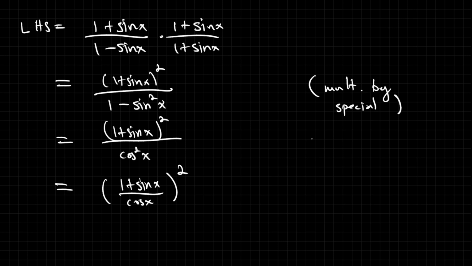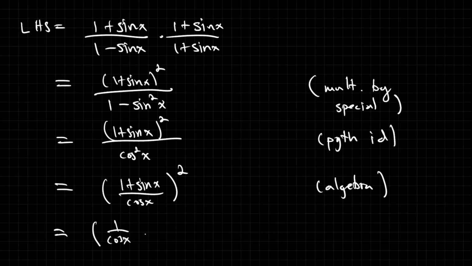So let's say what we're doing. We have done the Pythagorean identity, and now this is just an algebra step. And now I have a fraction here. I can split up that fraction as (1/cos x + sin x/cos x) all squared.